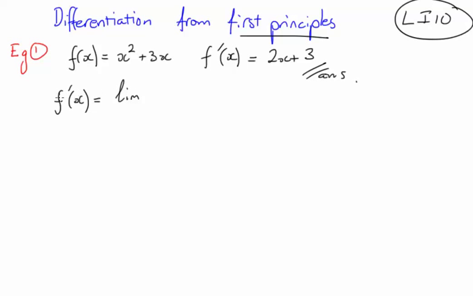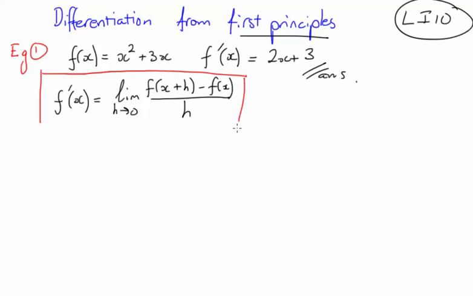It's f dash of x equals the limit as h approaches 0 of f of x plus h minus f of x over h. So that is the definition of the derivative.